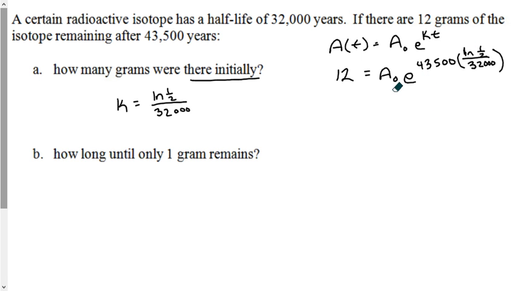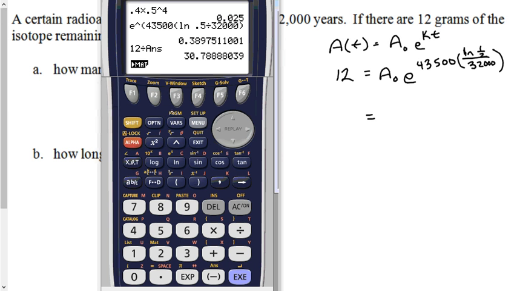And then what we'll do is we'll divide both sides by e to this power. Okay, and then we should end up getting, let's check this out here. And here's what we get in the calculator. You can see I did e to the 43,500 power times natural log 1/2 divided by 32,000.